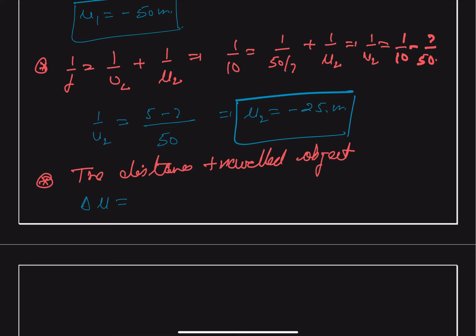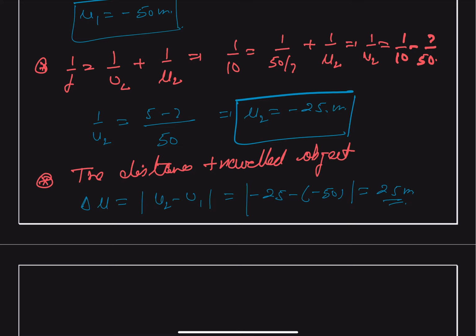So delta u will be our u2 minus u1, and this is equal to minus 25 minus of minus 50, which gives us 25 meters.